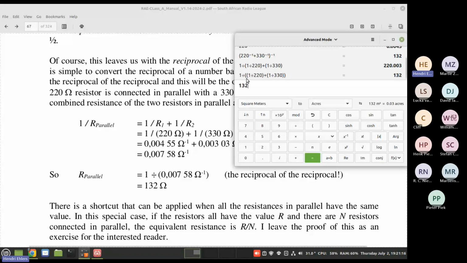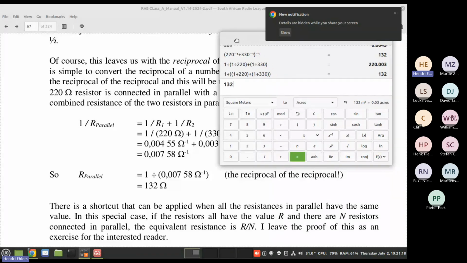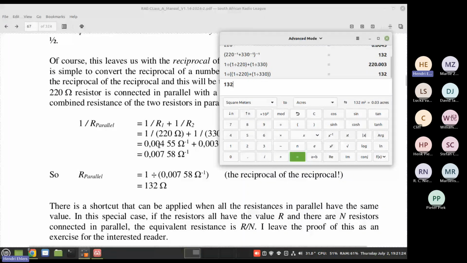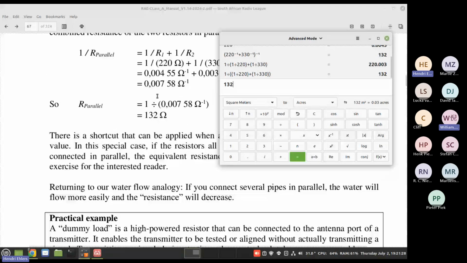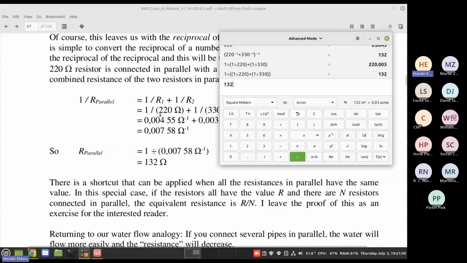You don't have to rush. You can calculate, think, and recalculate every single calculation over and over and make sure that you've got it right. This will most definitely be there in the exam. You will get one of these, and then of course you can change the values, add more resistors.